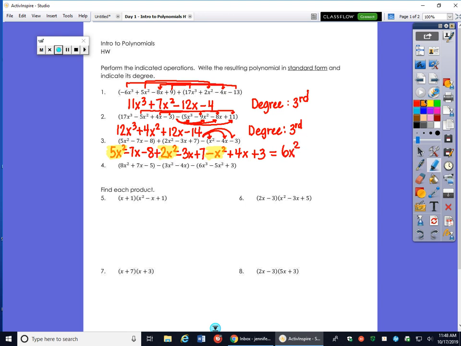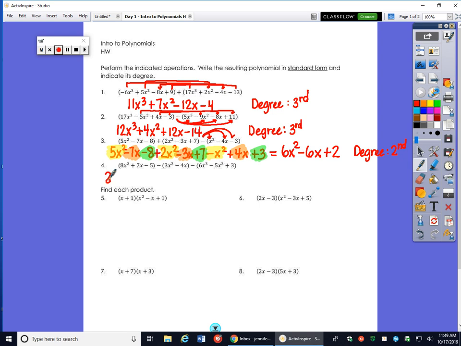And then we have negative 7x, negative 3x, and positive 4x. And that's going to give you, let's see, negative 7 and negative 3 is negative 10 plus 4 is negative 6x. And then we have negative 8, positive 7, and positive 3, which is going to give you a plus 2. Again, that's already in order, and the degree for this would be second degree, because that's the highest exponent.